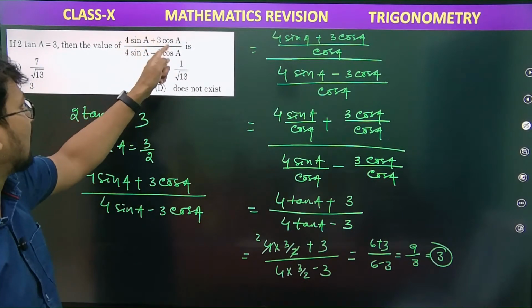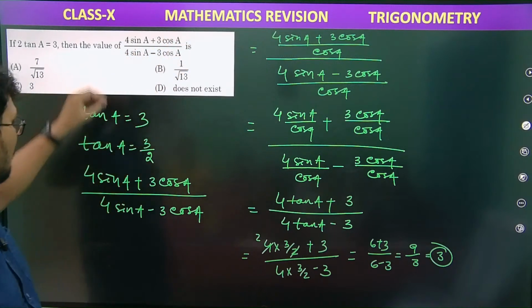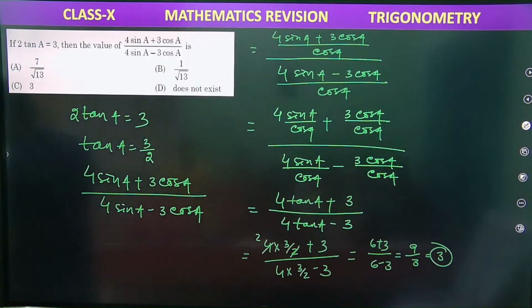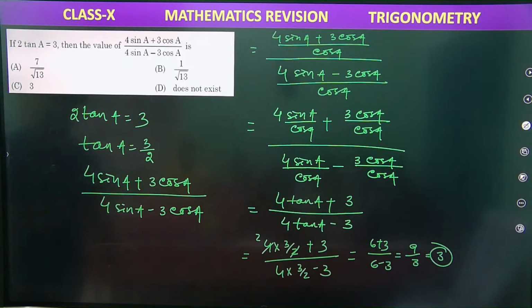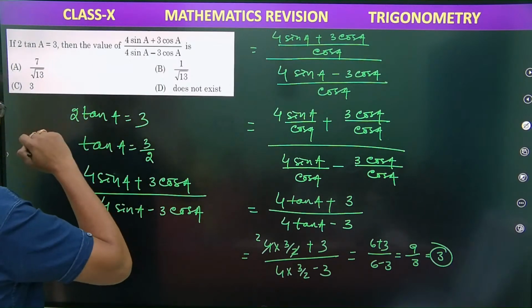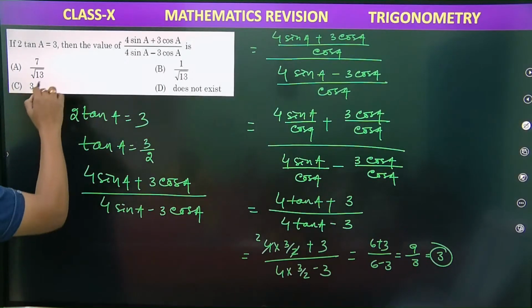So 4 tan A plus 3, 4 tan A minus 3, then put the tan A value. Clear, everyone? Okay, so which one is the correct answer? Bolo. C. Okay, next, which one?